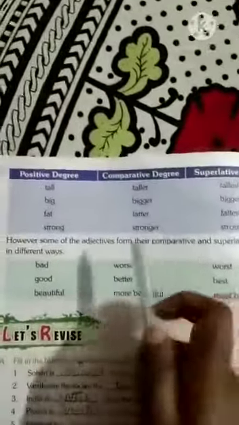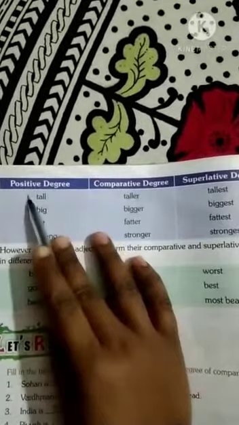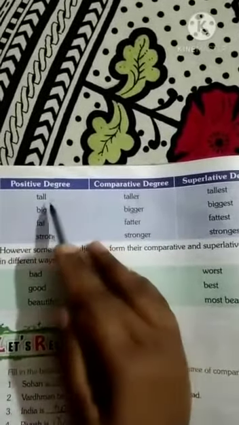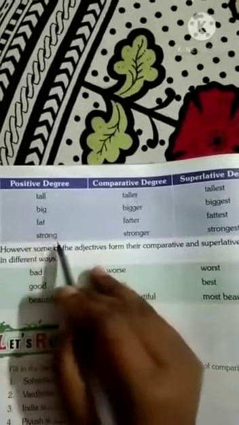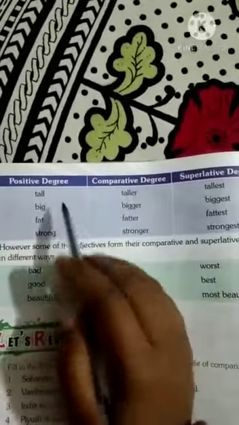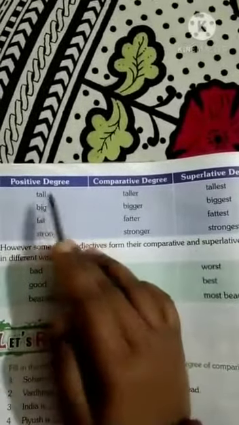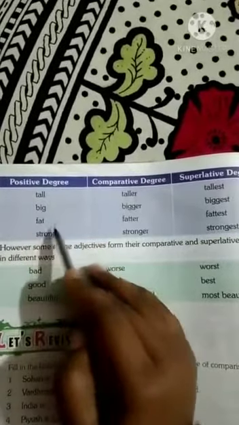So come to the next page. In the next page, positive degree. In positive degree, some words are given like tall, big, fat and strong. These are all adjectives, na? A man is tall or short, big, fat, strong.